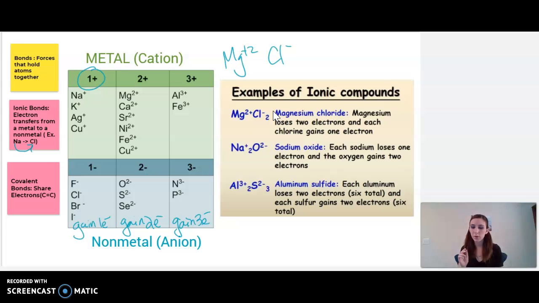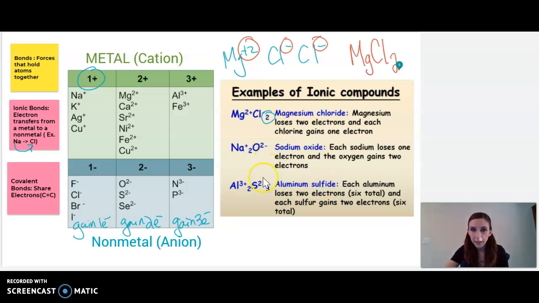Magnesium is going to lose 2 electrons. Each of the chlorines is going to gain 1. So in order for this to be balanced, we're going to have 2 chlorines. That would give us 2 negative charges and 2 positive charges to make it neutral. So our final answer would then be MgCl2 to make it neutral.